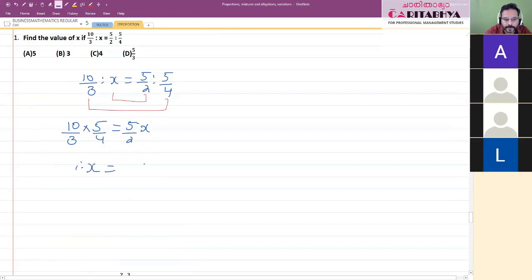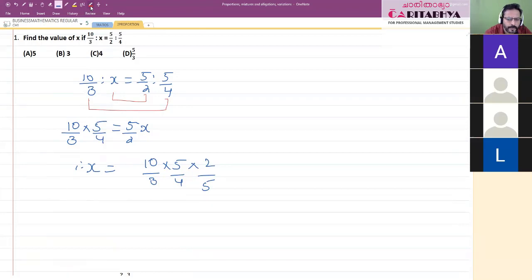Therefore, x is equal to 10 by 3 into 5 by 4 into cross multiply by 2 by 5. The 5 gets cancelled.